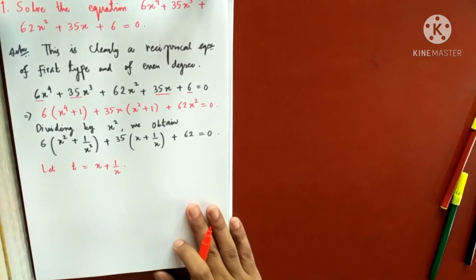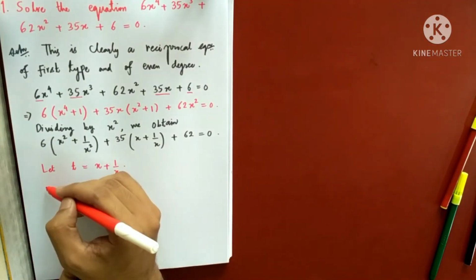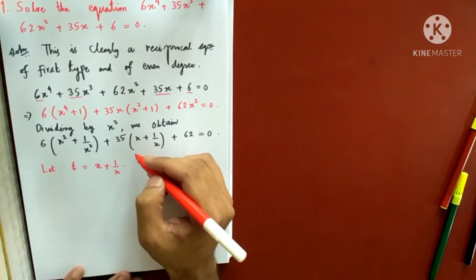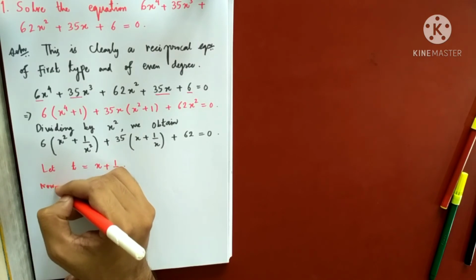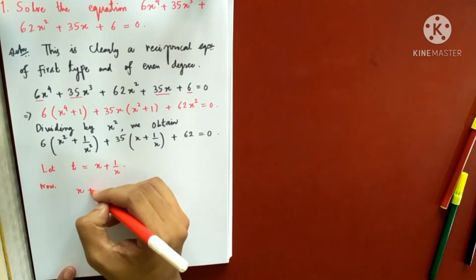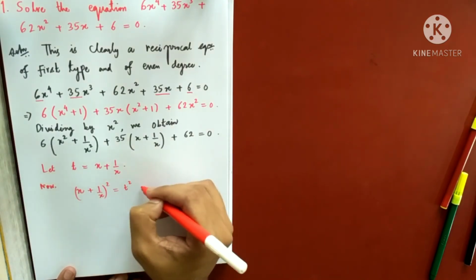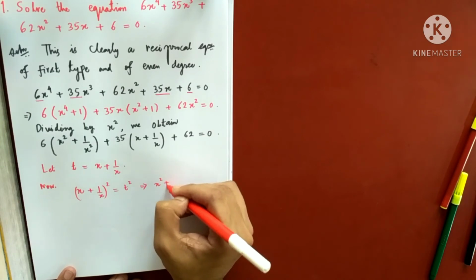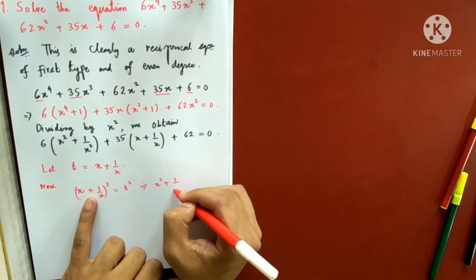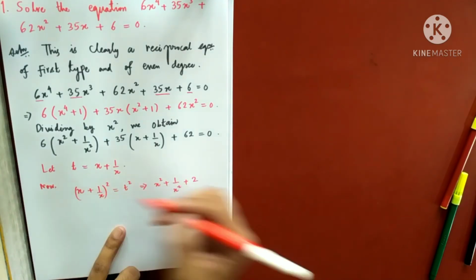Very good, correct? It's very simple to determine the value of this because you know, I'll just show it here. Okay, let me do it now. What we know, I'll square both sides. x plus 1 by x whole square equals to t square. This will give me x square plus, apply the formula for a plus b whole square, plus 2ab, that will simply remain with 2 because x and x will get cancelled.